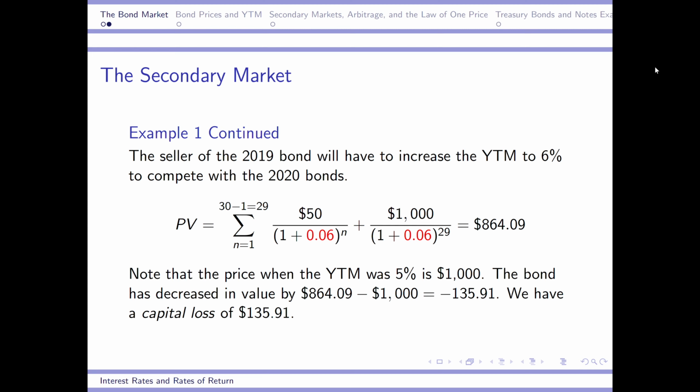Now, you as the seller of the 2019 bond are going to have to increase the yield to maturity on your 5% bond to 6% to compete with the 2020 bonds. Because if I, as a potential buyer, compare the 2019 bond with the 2020 bond, I'm always going to choose the 2020 bond because it has a higher yield to maturity. Let's look at what the present value is now.